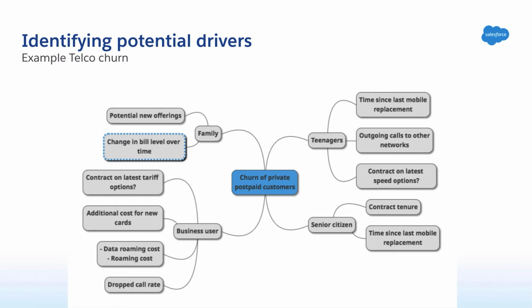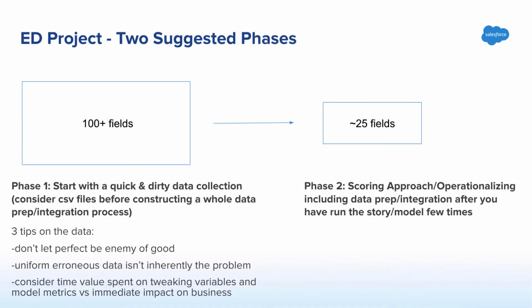One aspect, and that's why I said stop: the business knowledge is very important. You need to be able to walk your business users through this kind of diagram or scenario, and deduce what you need for the data prep. It could be 2 phases, could be 1, could be 3, but typically our recommendation is that the first time you get the data, just get it, even if it's a CSV extract.